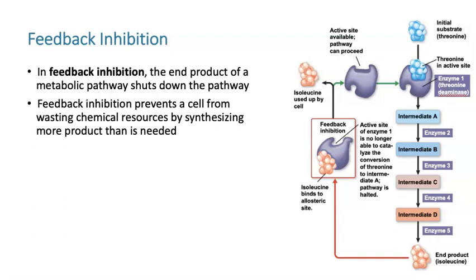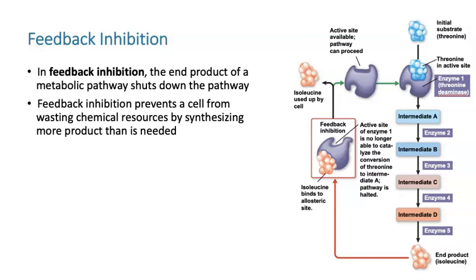So let's start here with our enzyme, and we've got our active site and we have our allosteric site over here. And here's our initial substrate. I'm going to use the example of threonine, and threonine is an amino acid. This pathway, right? We talked about metabolic pathways at the beginning of chapter 6. This pathway is going to convert threonine into isoleucine.